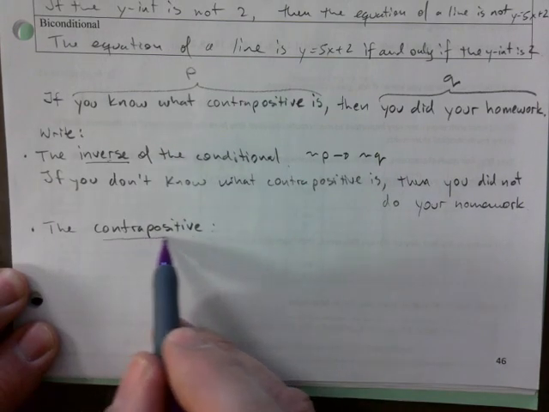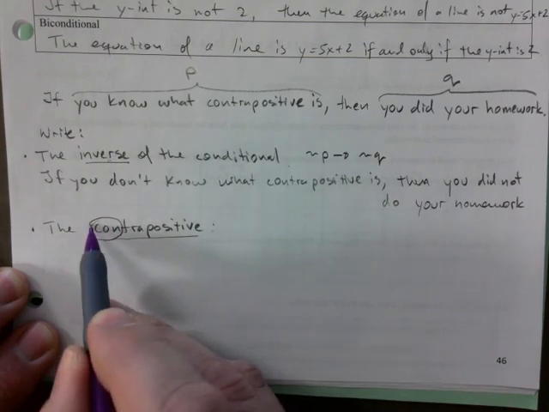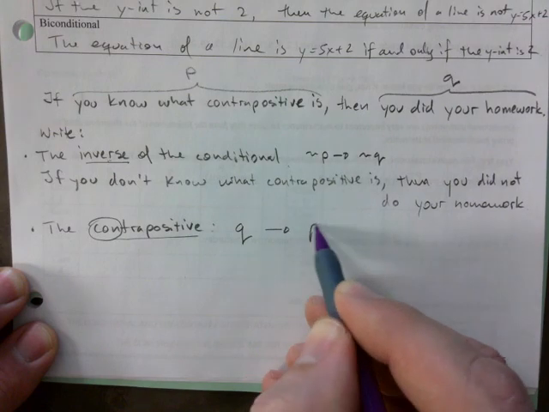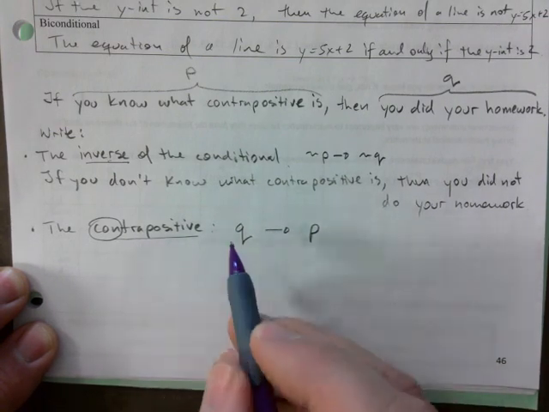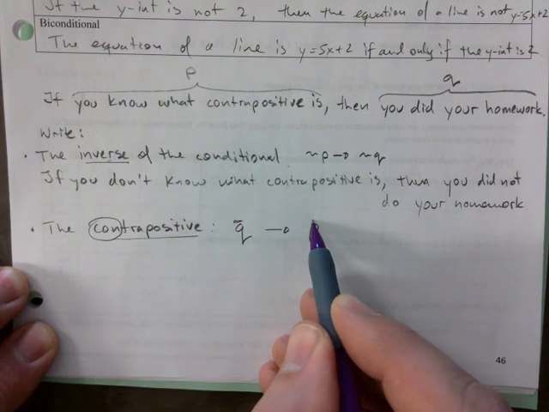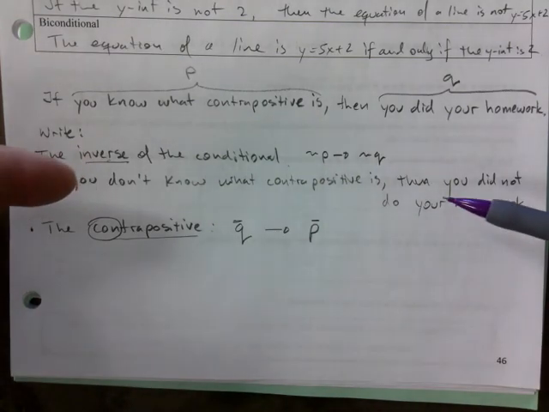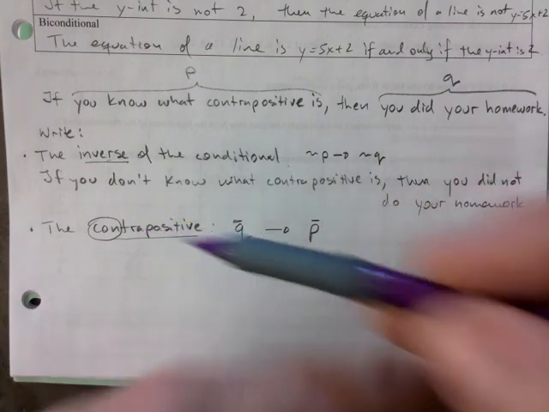The contrapositive, whenever you see con, you got to flip it. So you're going to have Q, then P, and for the contrapositive, we got to negate both of them. Okay, so in a sense, you just take this one you just wrote and just flip it, right?